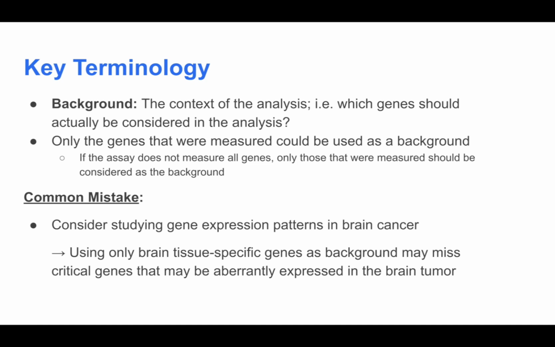However, when you do this, you run the risk of missing any critical genes that are aberrantly expressed in brain cancer that may not be normally associated with normal brain tissue expression. So it's important that you include as many genes in your background as you were able to measure and that could potentially have been differentially expressed in your initial analysis.